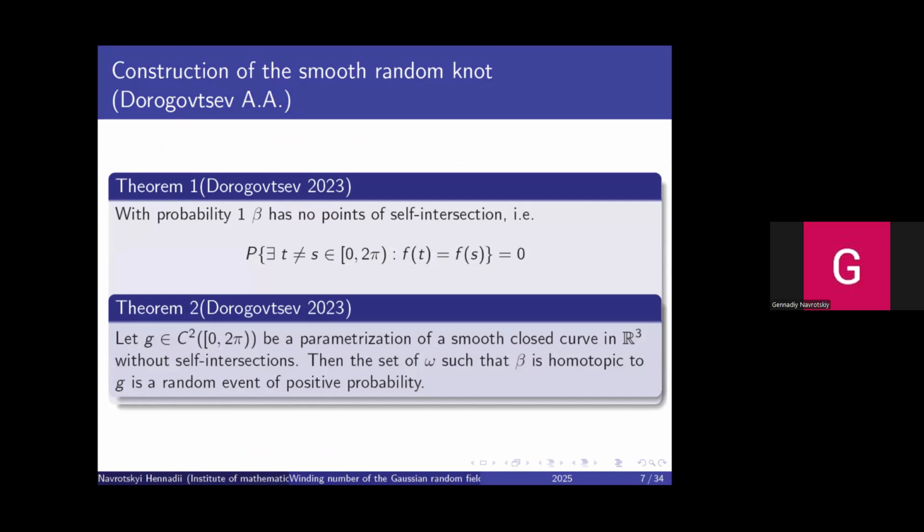It was proven in 2023 by Rogoltsev that with probability 1 our curve beta has no points of self-intersection, so it is indeed a smooth random knot. And it was also proven that with positive probability beta can be of arbitrary topological type.